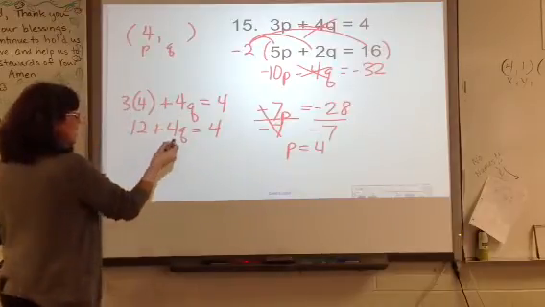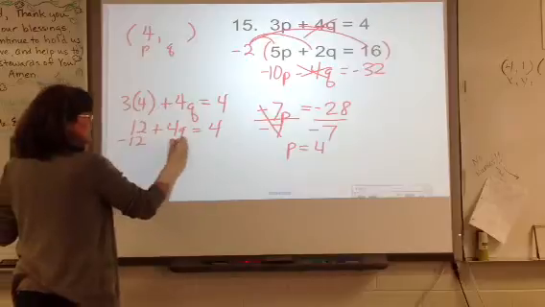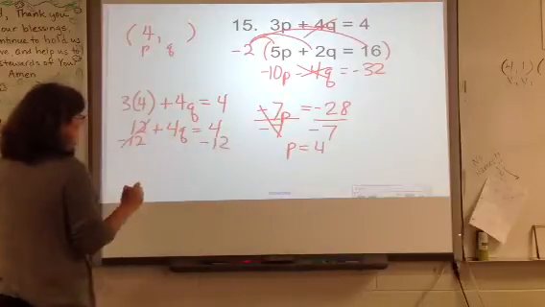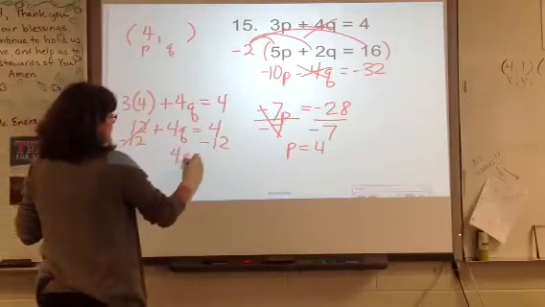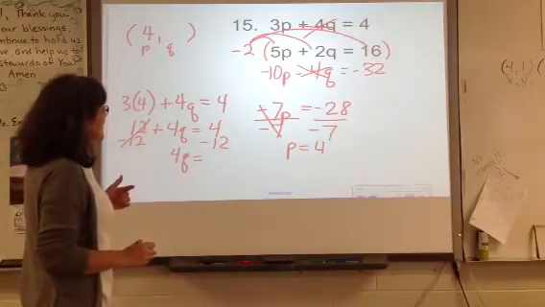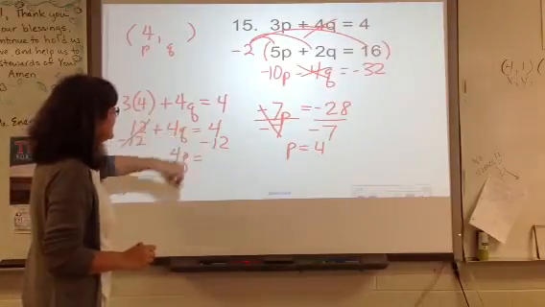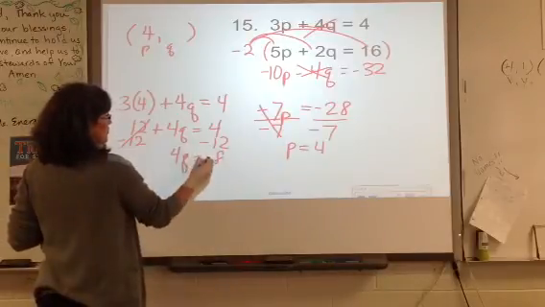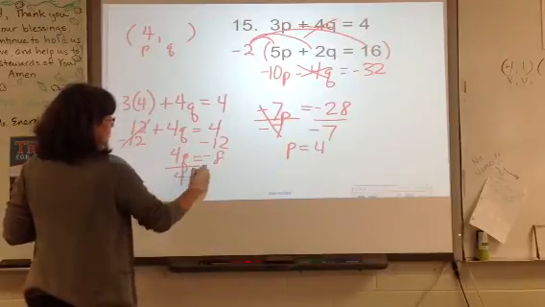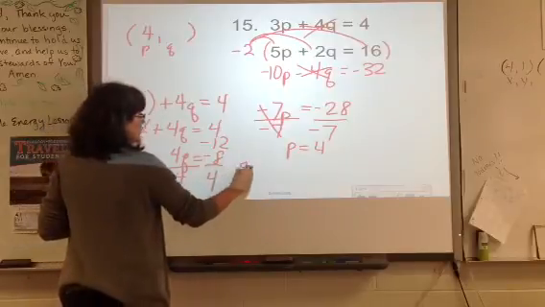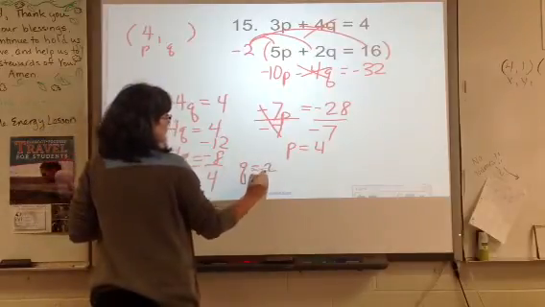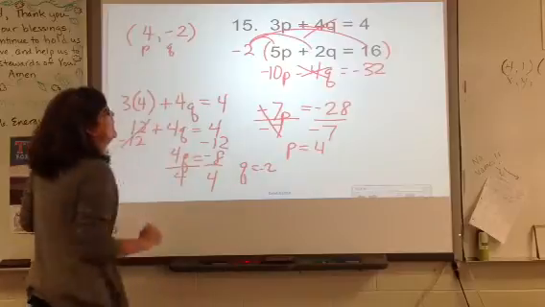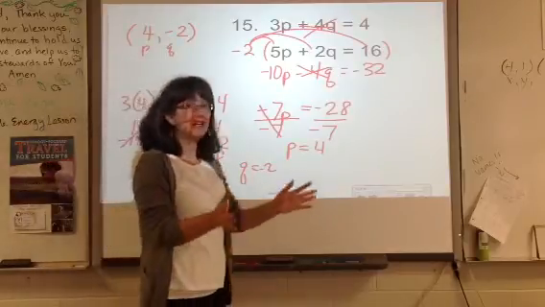Gotta get q alone. 4q equals 4 minus 12, which is negative 8. Keep the sign of the larger, which was negative. Q is negative 2, and that should be all.